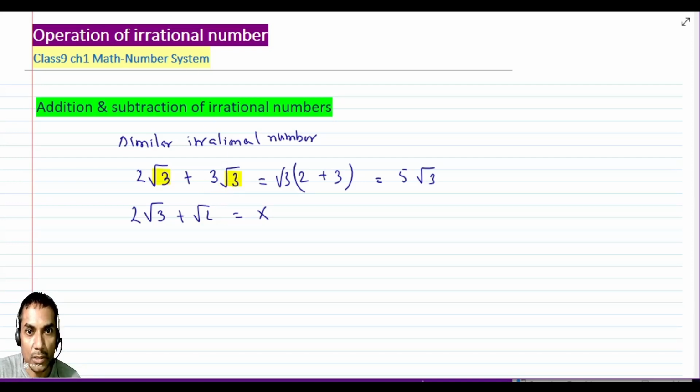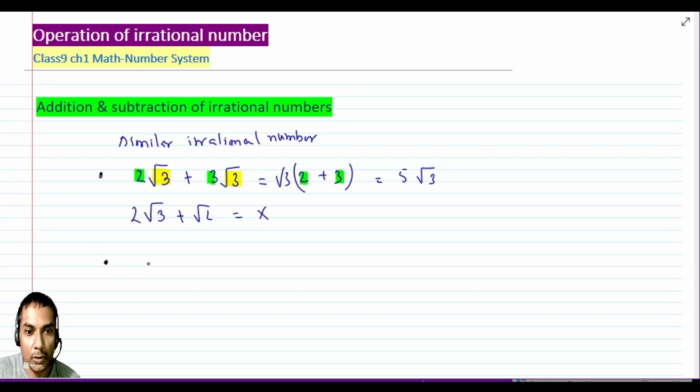You know what the coefficient is? This is the coefficient. So you take the irrational part, root 3, common, and you add the coefficients. The same thing is applicable for subtraction also.